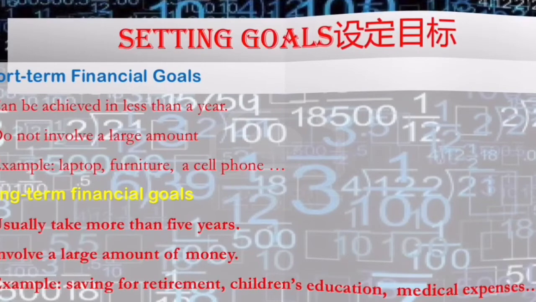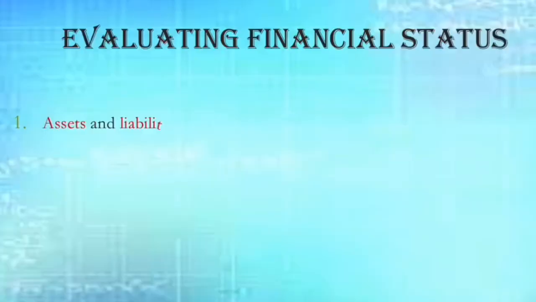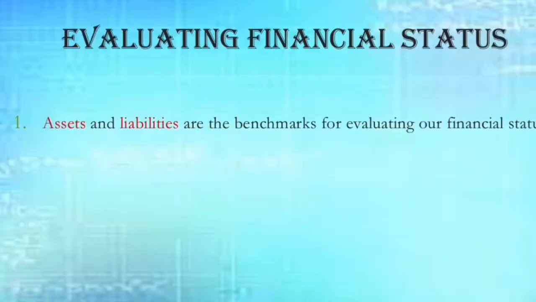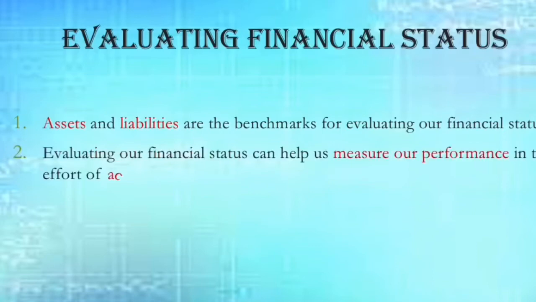Before next Chinese New Year, can you achieve your 900 saving target in order to buy the phone? If really cannot, then you have to revise your short-term goal. Maybe you buy a cheaper one. That is so-called a financial plan.